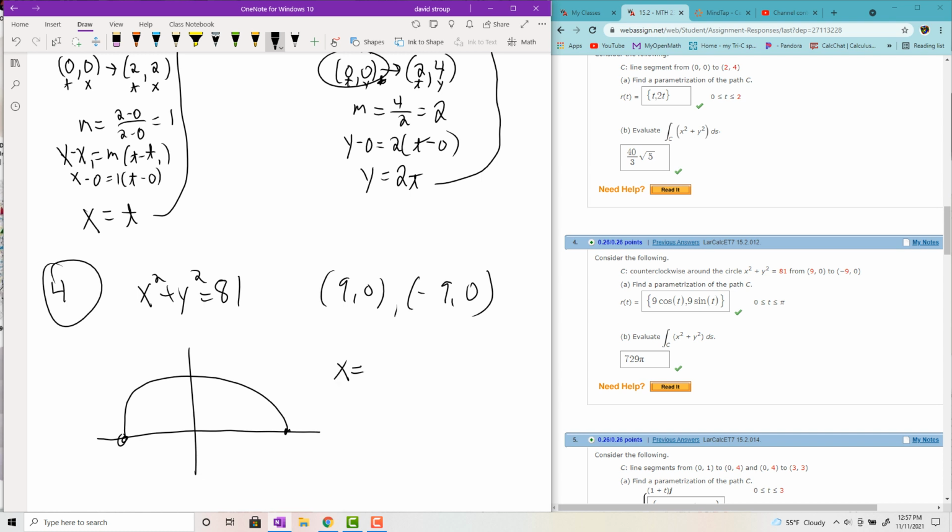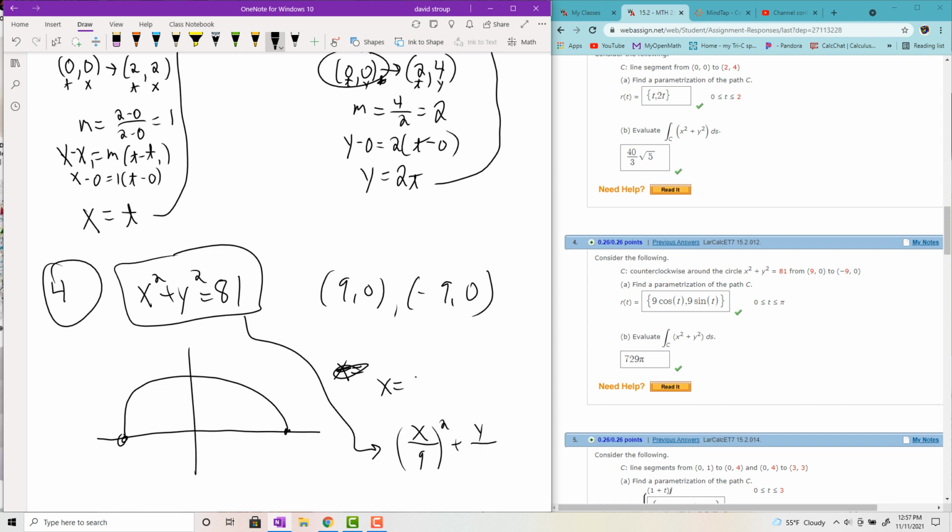So x is equal to, well, you could replace x with cosine, kind of, right? We would have to take this guy and bring the 81 over. So you have x over 9 squared plus y over 9 squared equals 1.